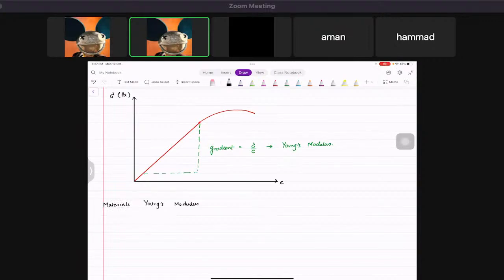Basically, I will write all the Young's modulus values in gigapascals, and you should remember that 1 giga is equivalent to 1 times 10 raised to the power 9 pascals, or simply let's write 10 raised to the power 9.